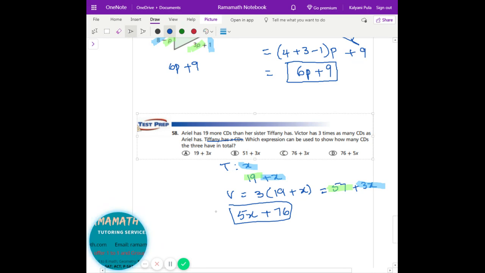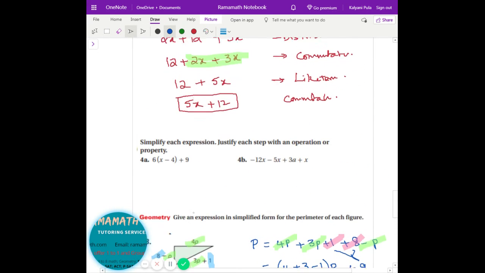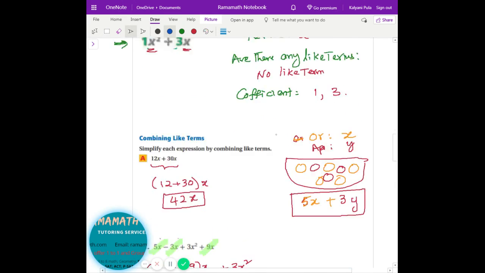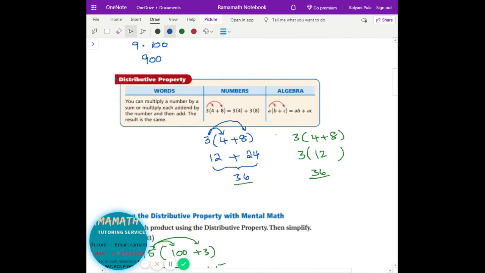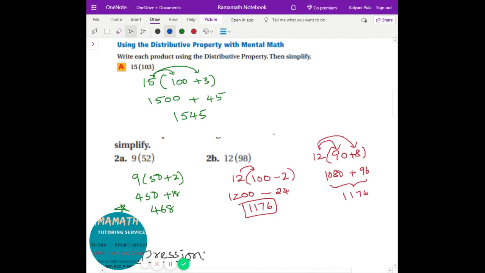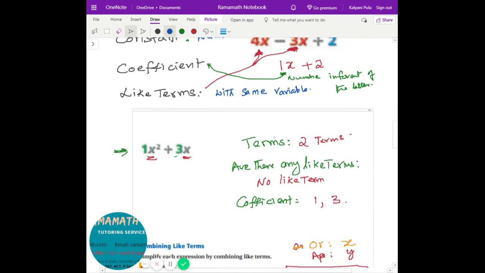We're going to do more practice on distributive property and combining like terms, because that is a really important one. Today's concept is simplifying expressions. We did the distributive property and used it to simplify expressions.